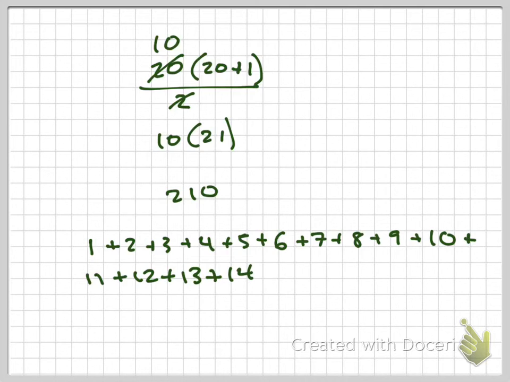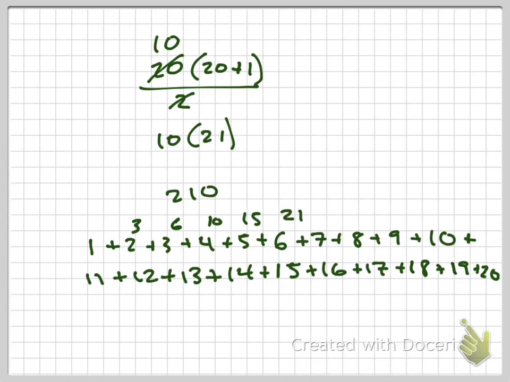14, 15, 16, 17, 18, 19, and 20. So 1 plus 2 is 3, plus 3 is 6, 10, 15, 21, 28, 36, 45, 55.